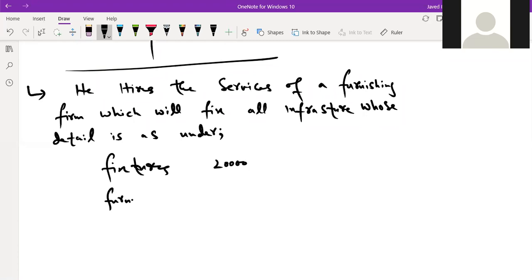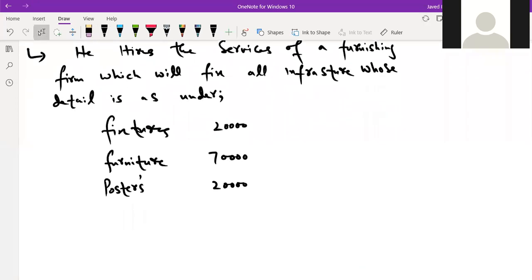You have furniture worth 70,000. You have posters of 20,000. You have electricity equipment of, let's say, 40,000.